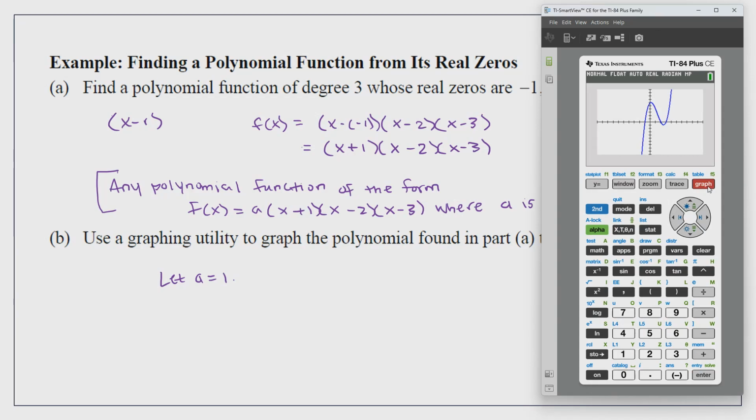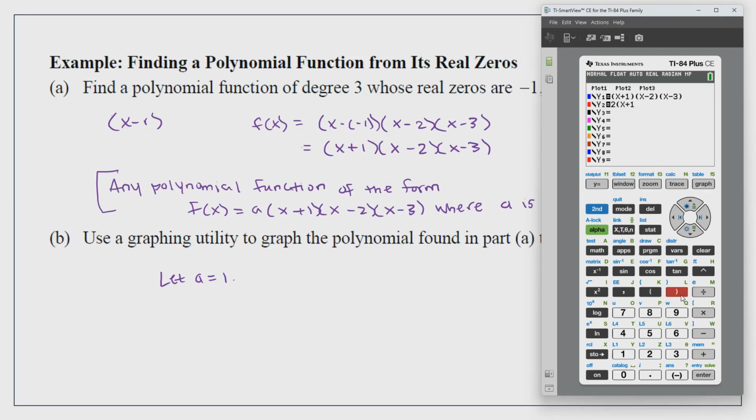Now, if we were to change a to 2, does the value of a affect the zeros of f? So if I changed a to 2, what would happen? So I'm going to go to y2, and I am going to make a 2 this time, and then enter in the rest of my function.